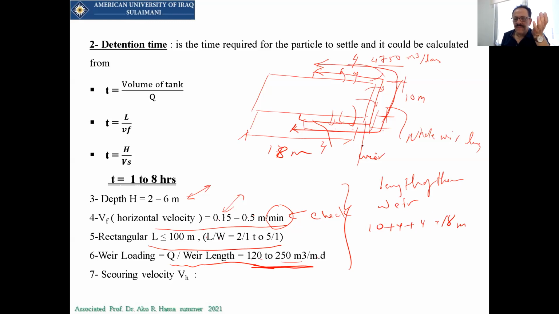I will check if it will be enough if I take only 4 meter from the side and use it as a weir just for collecting the clean water or not. Now this is 18 meter. We have 4,750 divided by this 18. This will be called the weir loading.